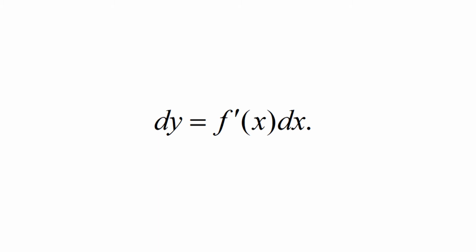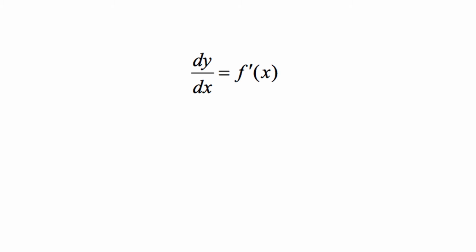If dx is different from 0, then we can divide both sides of the above equation by dx to get dy by dx is equal to f'(x). The above expresses f'(x) as the ratio of dy and dx. The formula dy by dx is equal to f'(x) is said to express dy is equal to f'(x) times dx in differential form.